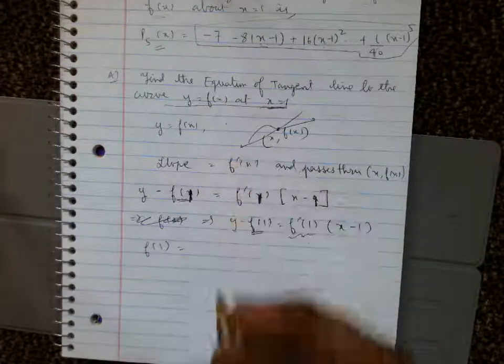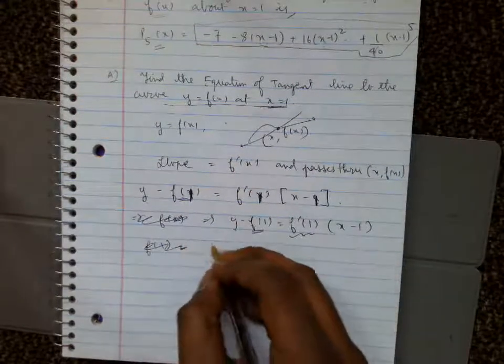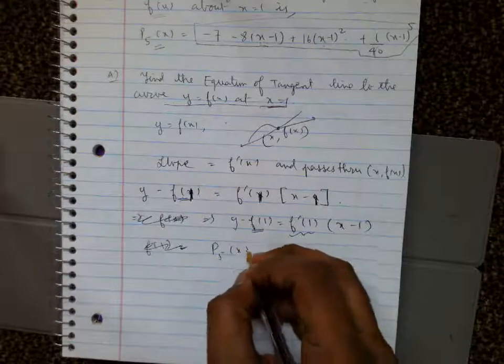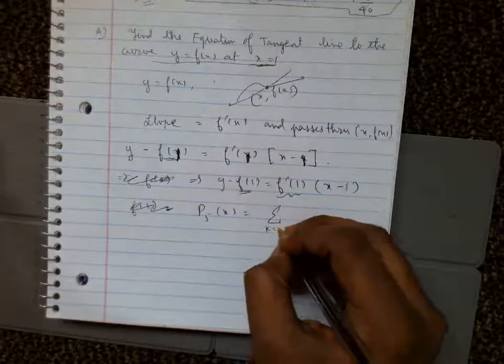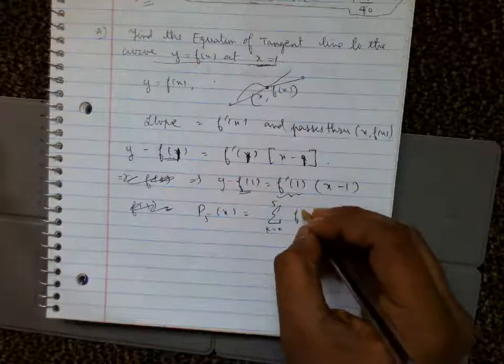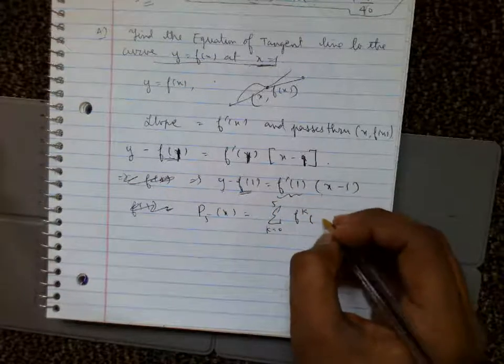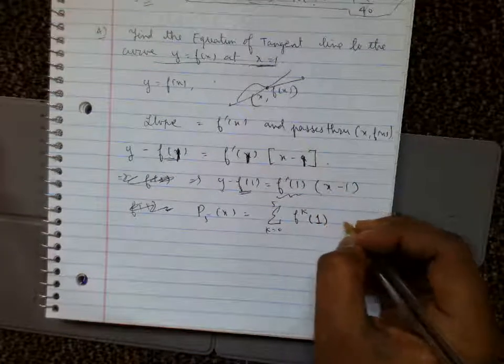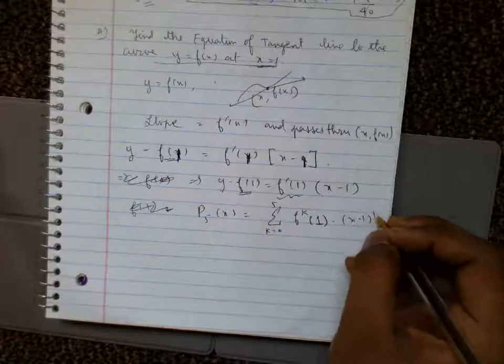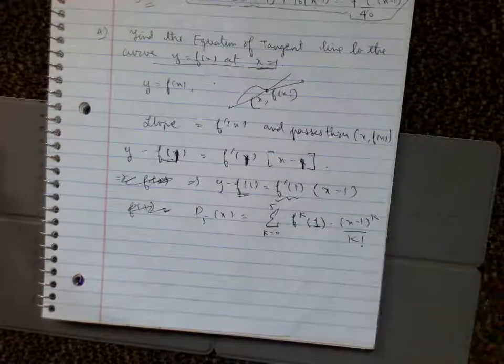First of all, let's write down what the Taylor polynomial of degree 5 will be. It will just be the sum from k equals 0 to 5 of f^(k) of 1 times x minus 1 to the k by k factorial.